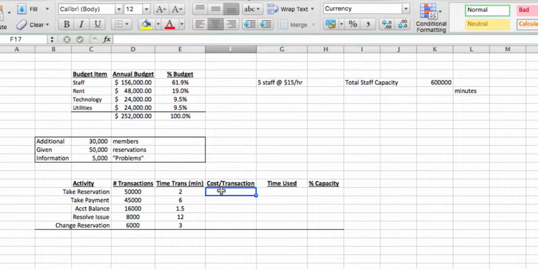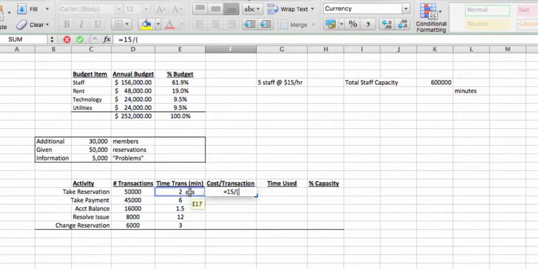Now we're going to calculate how much each of these costs. We know that we pay them $15 an hour, and we know that it takes 2 minutes to do it. So we're going to do a little bit of math here and understand exactly what each one costs us. The first step is we want to divide $15 by the amount of time that it takes.